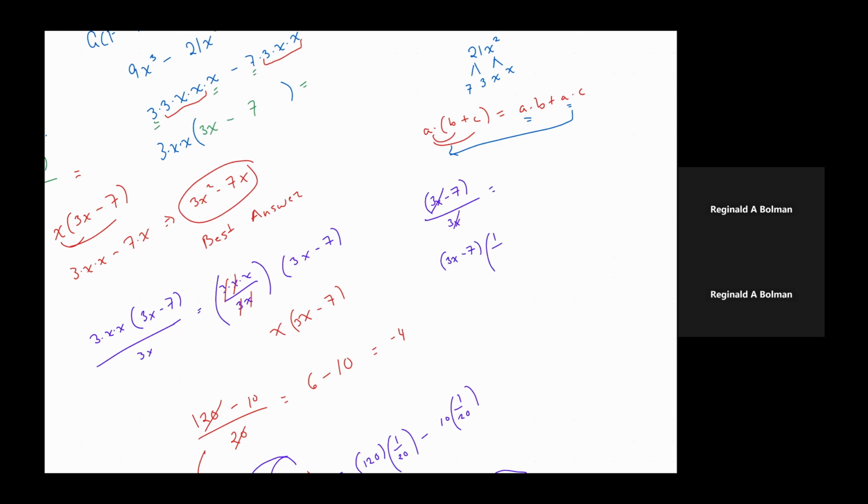So you have to distribute across each of these terms. You would get 3x times 1 over 3x minus 7 times 1 over 3x, just like that.